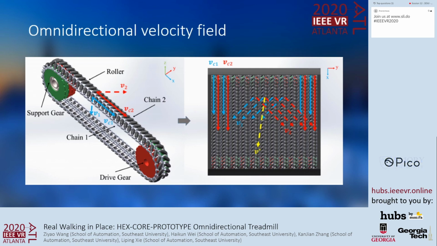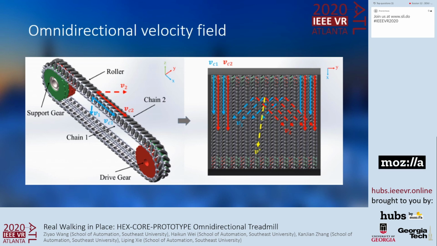Each chain contains a support gear, a drive gear, and a number of rollers that are inclined at 45 degrees. When the system is running, chain 1 and chain 2 can be driven by servo motors, respectively, through the drive gear. For example, chain 1 has the velocity of Vc1 as the blue solid line shows.